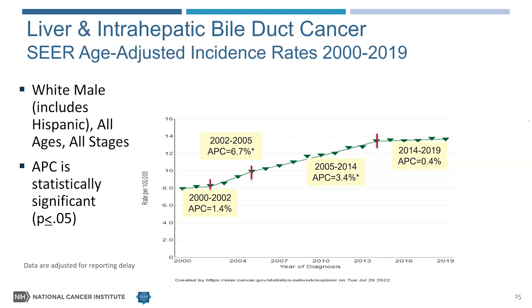From 2005 to 2014, the rising trend is slower with APC equal to 3.4%, but it is still statistically significant. Since 2014, there is a flat trend with APC equal to 0.4%, non-significant. The trend pattern is consistent with the findings that liver cancer rates have been increasing steadily for decades, and the increase in incidence is closely related to chronic hepatitis C virus infection.